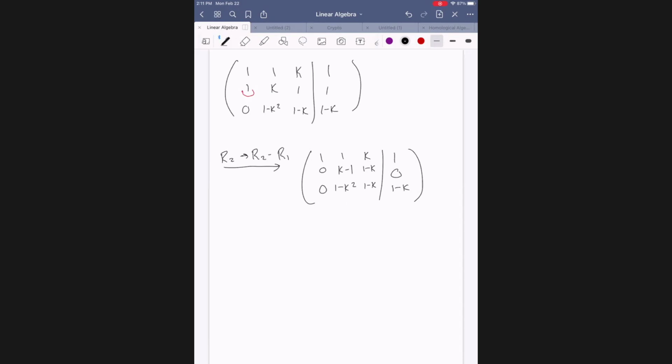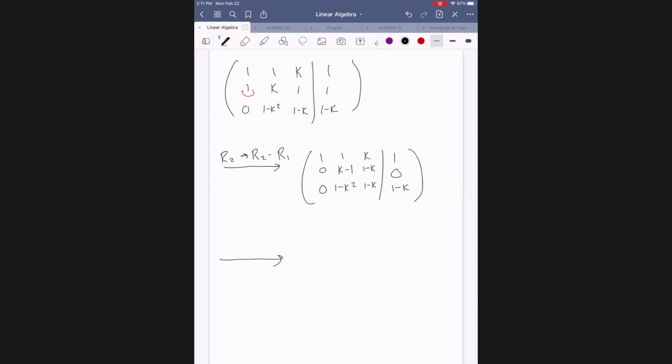So if I do k squared, so let's see. So let's try to do this now. Okay, so I want to get rid of the 1 minus k squared. How can I do that? I can just make this multiplied by k squared.